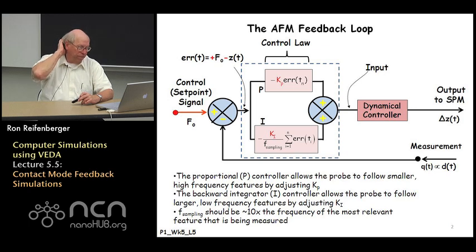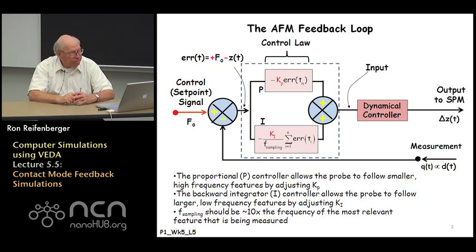By way of reminder from our previous lecture, back I think in week 3 of the course, this AFM feedback loop is sort of the heart of the atomic force microscope. It basically allows you to specify a control law that allows you to minimize the difference between the set point force, which you can specify, versus the actual force which the AFM tip measures at any point along a scan when the tip is in contact with the substrate.